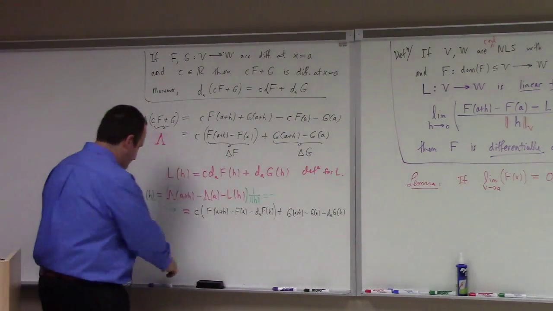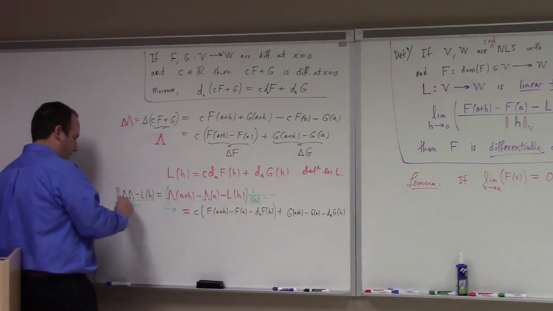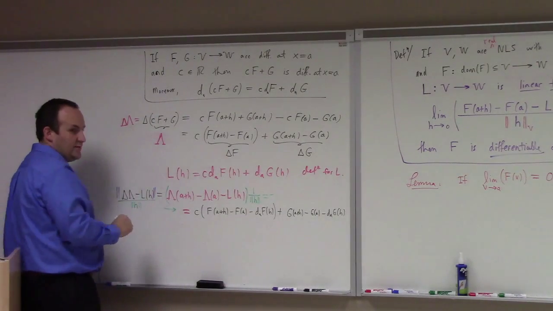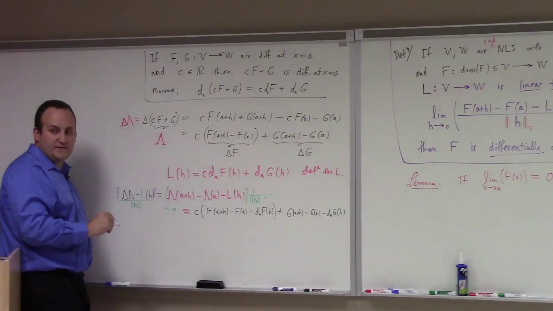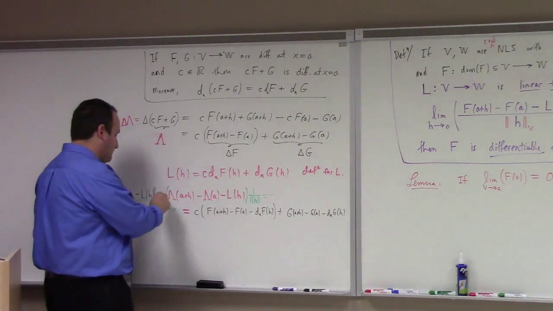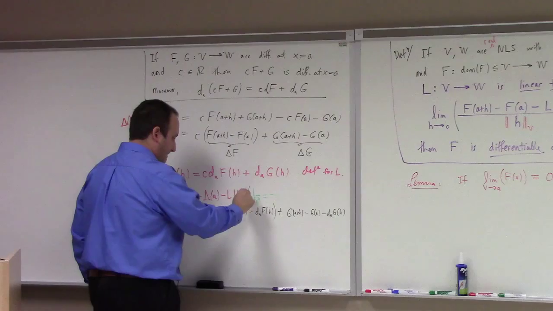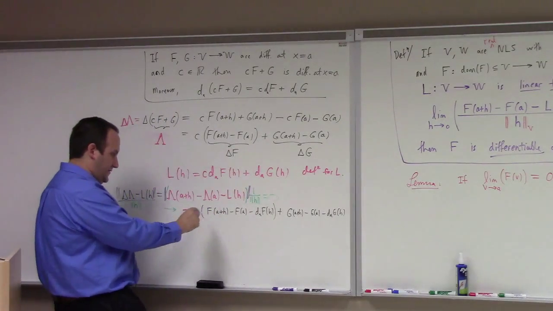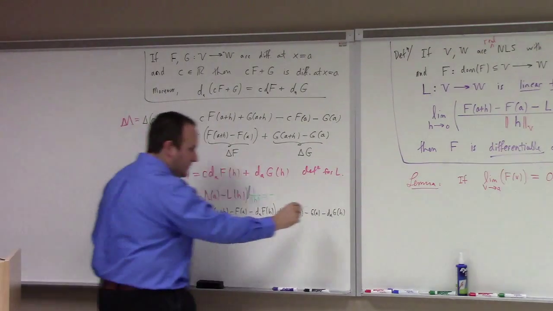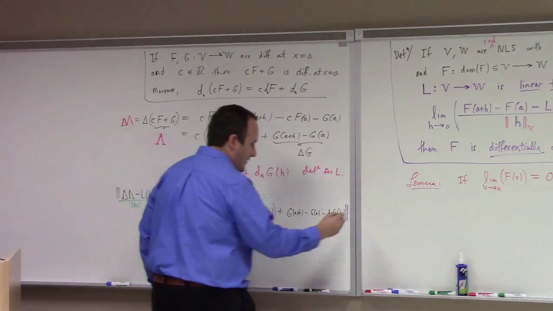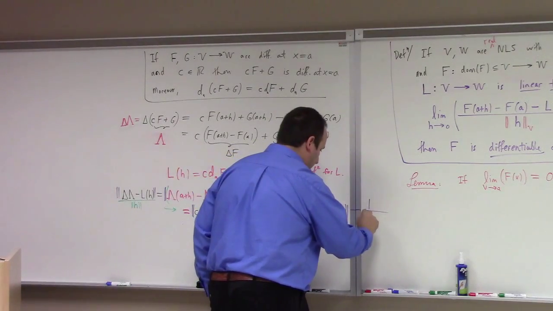Let me do that. The norm upstairs is the norm in W. The norm downstairs is the norm in V. And so I have this norm, and then outside I've got 1 over the norm of h, right?